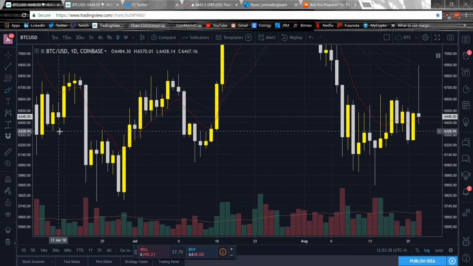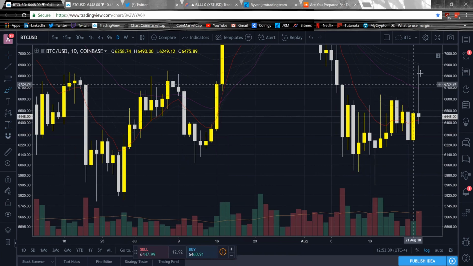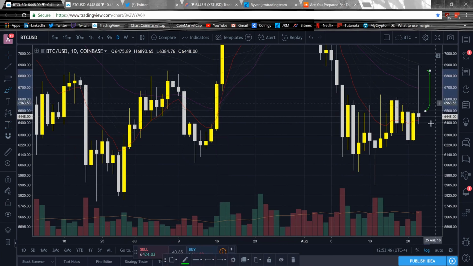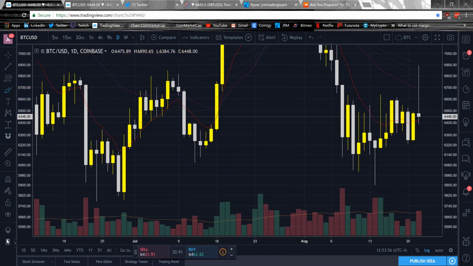This is a bottoming tail. These are bottoming tails. That's a huge topping tail showing price got all the way up here in this day and then came all the way back down. And it's only 1 o'clock. We got 7 hours until this can go all the way back up or even further down. All right, follow me there.